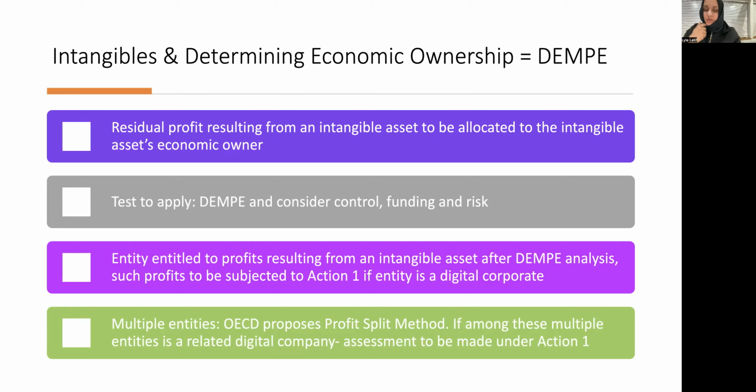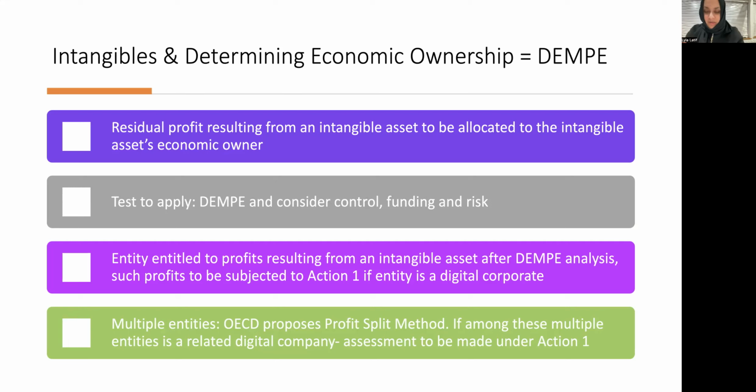So when this happens, where you have multiple entities which are related parties in a group, and they're also performing a DEMPE function or DEMPE analysis, how do they allocate profit between themselves based on this DEMPE analysis? The OECD guidelines set out that the profit split method is the most appropriate method for allocating the profits in such circumstances.